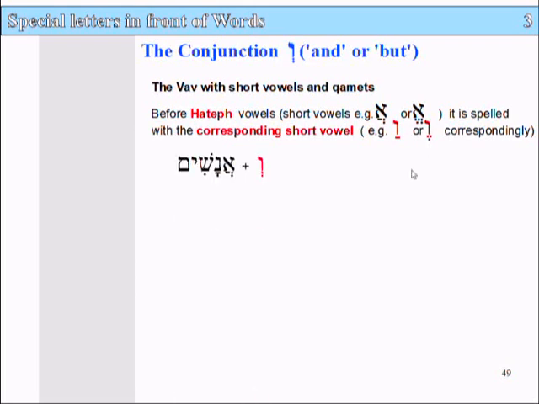So let's have a look at an example. Here we have the word anashim, which means men, and it's got a patach hatuf, and we add the vav, we get va'anashim. So you see it's taken on the patach of the patach hatuf under the first letter.